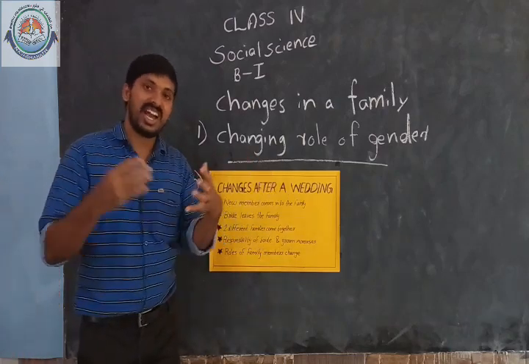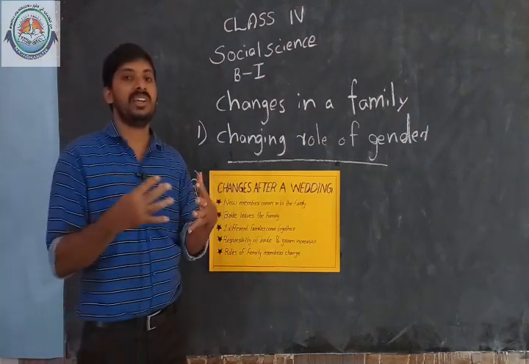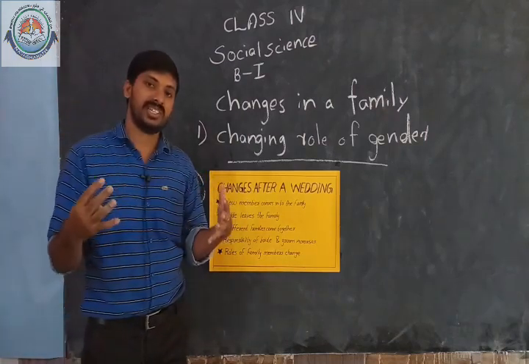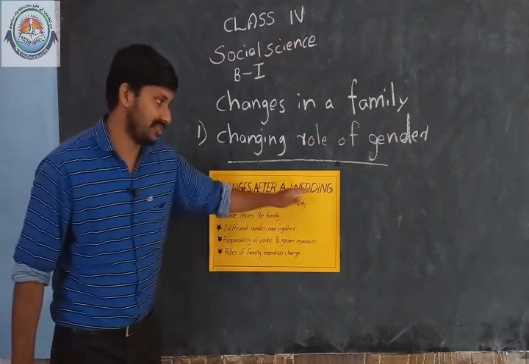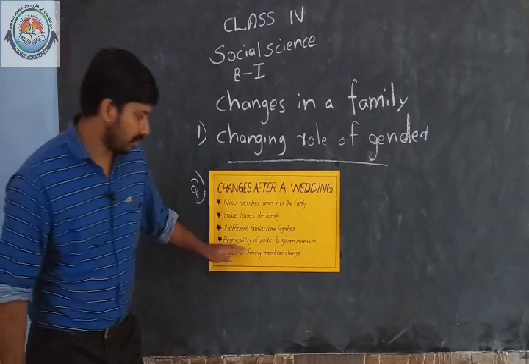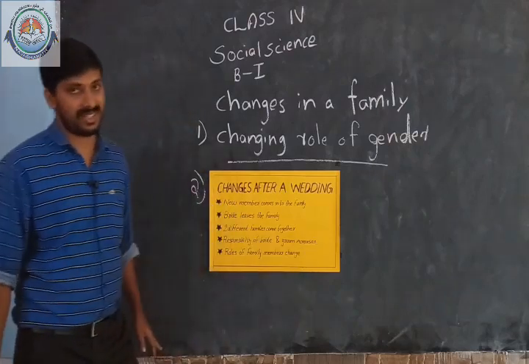Kabir's family and Priya's family come together. They jointly celebrate many festivals and have a good relationship after the wedding. Then fourth, the responsibility of bride and groom increases.